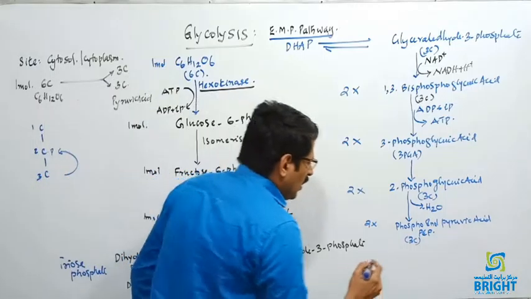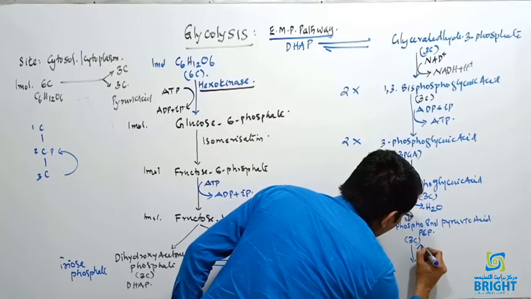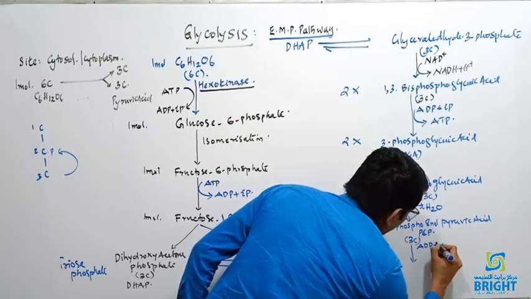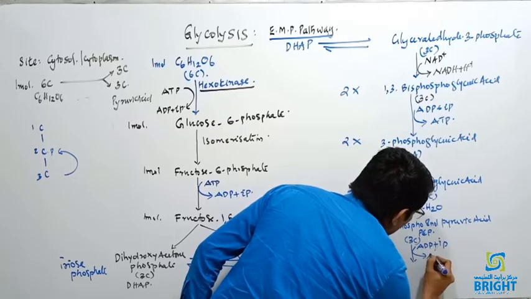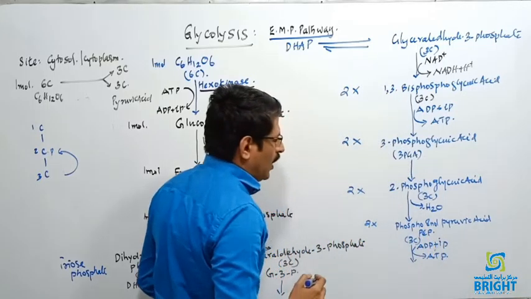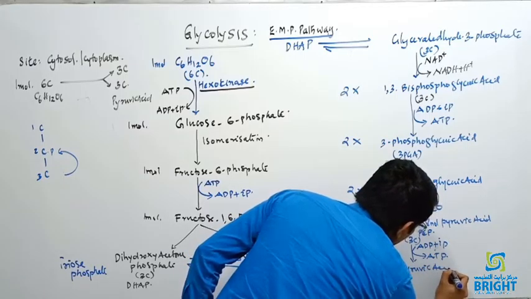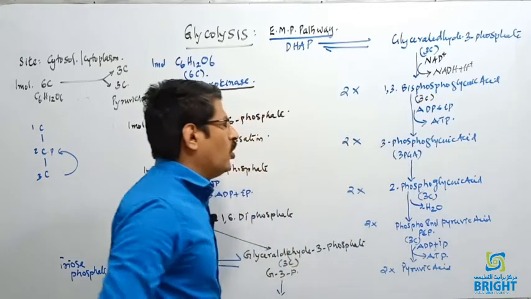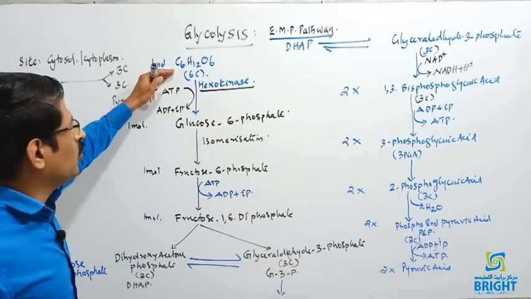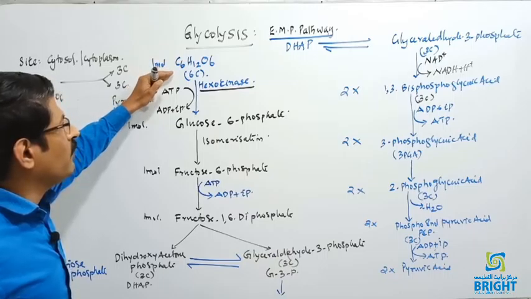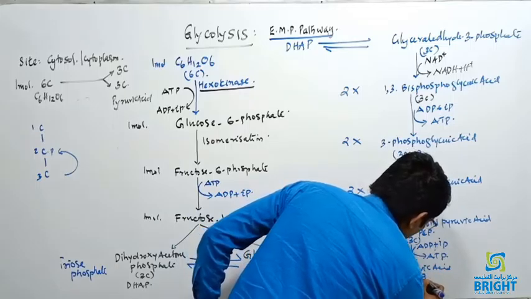And in the next stage, phosphoenol pyruvic acid releases its phosphate, and that phosphate combines with ADP and produces ATP, and then the phosphoenol pyruvic acid is converted into pyruvic acid, also 2 molecules. So here, starting from glucose, 1 molecule of glucose is involved in glycolysis, and the end product is 2 molecules of pyruvic acid.